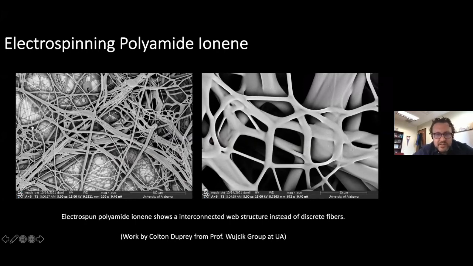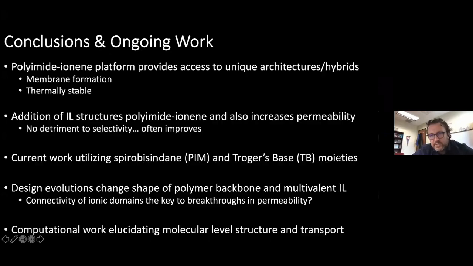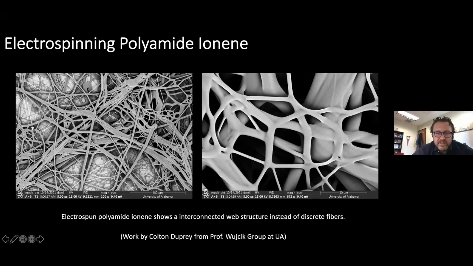So we're still thinking about what to do with this or how to use it, but it's an interesting proof of concept that this material can also be electrospun, and that we see almost everything fusing together as one mesh versus individual fibers. And again, we probably have to attribute that to the self-healing properties and the spontaneous kind of welding to itself. And it's quite an interesting result.